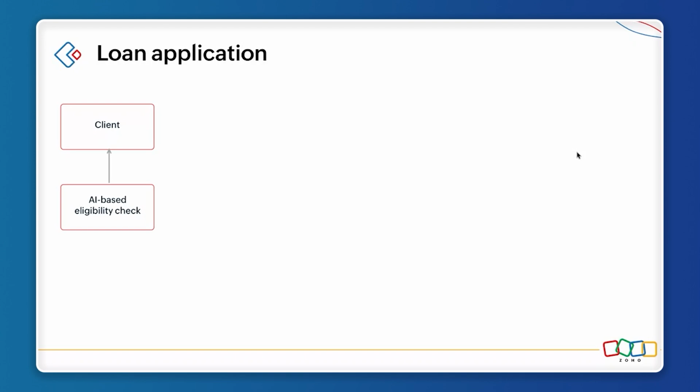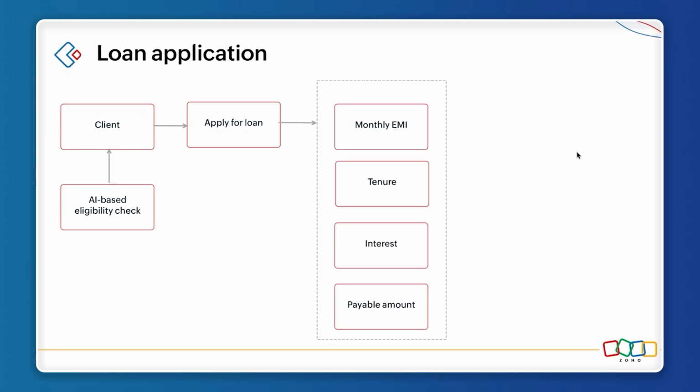That is the amount that particular client is eligible for depending upon some criteria. Once the client eligibility amount is checked, we will allow the client to apply for the loan. Depending upon the loan amount, tenure and interest, the monthly EMI and the total payable amount from the client's end will be auto calculated within our application.